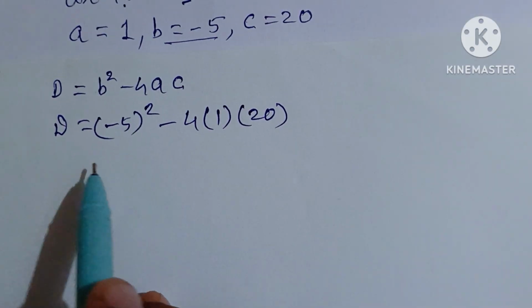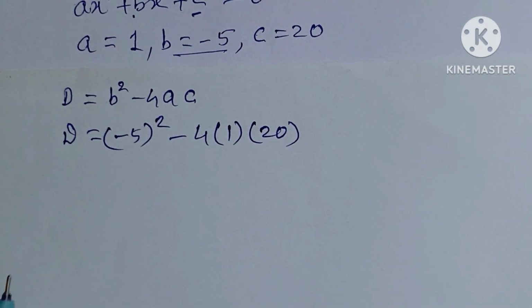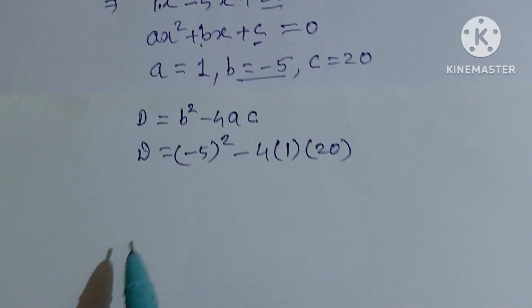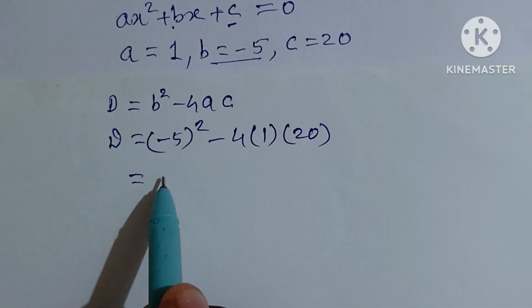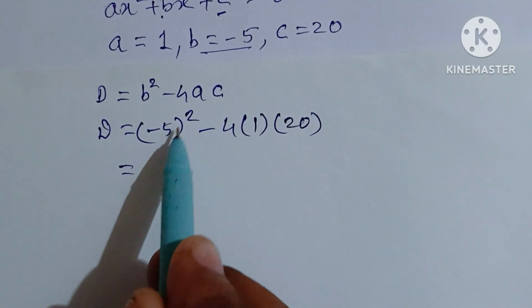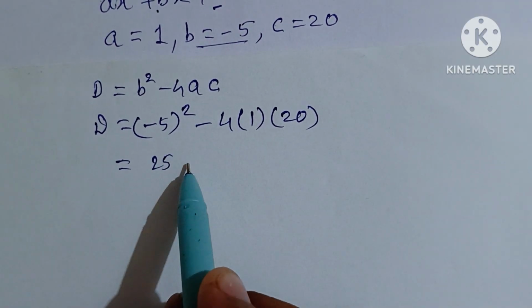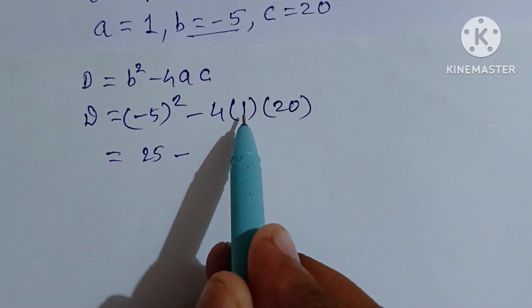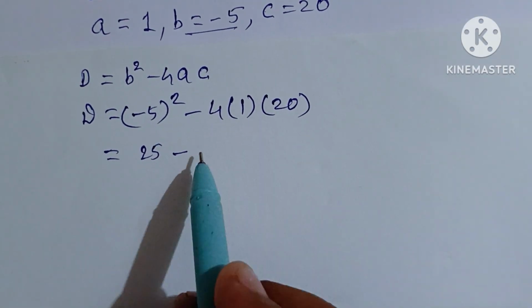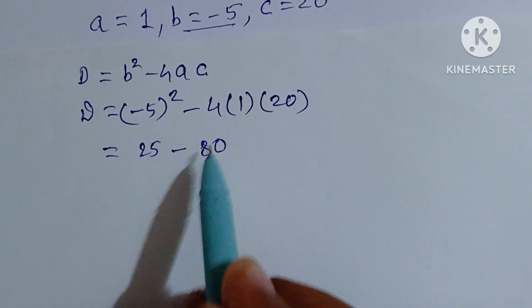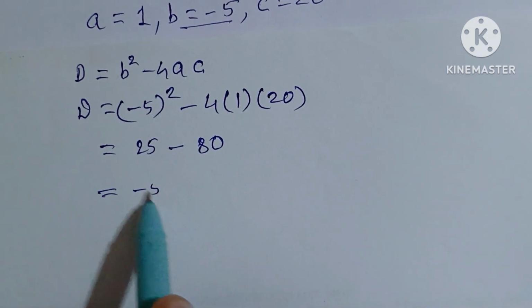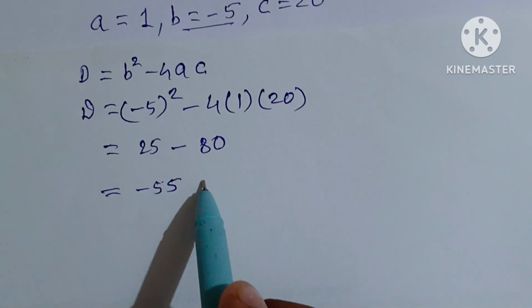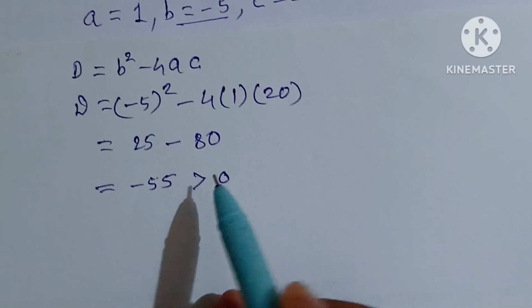So the discriminant D is equal to minus 5 square, which is 25, minus 4 into 1 is 4, 4 into 20 is 80. So we get minus 55. Minus 55 is less than 0.